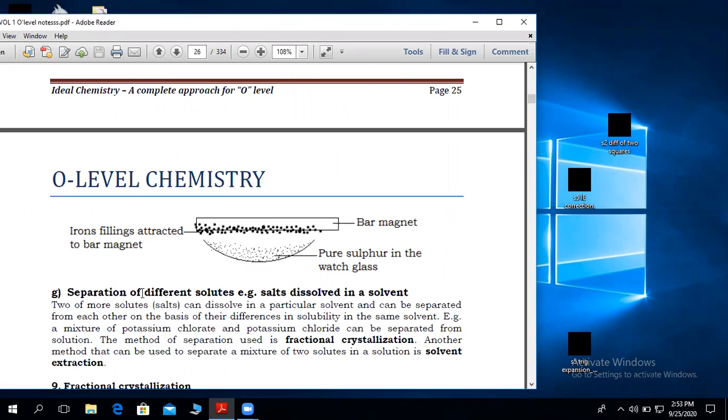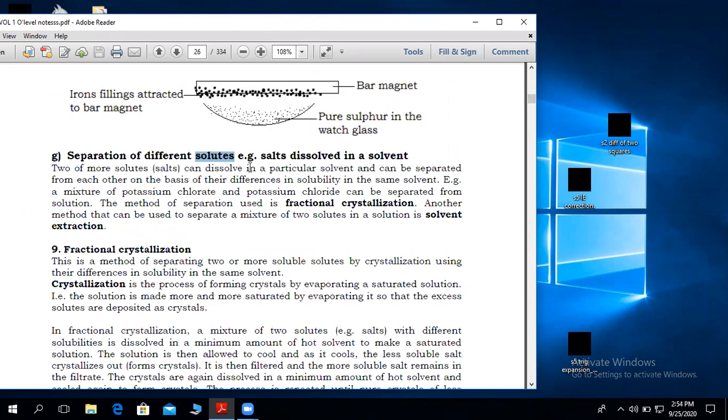Separation of different solids. By solids, we mean substances that dissolve in water. If you have two substances mixed together and they all dissolve in water, but they have different solubilities, those substances should be separated by fractional crystallization.